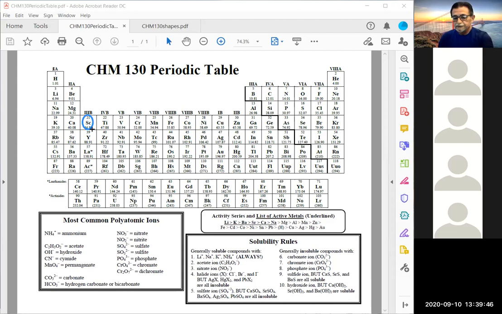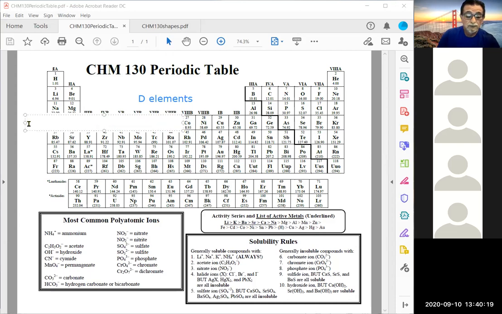And earlier I said, these guys in the middle, think of those as the D elements. There are 10 columns here, starting with 21, going across to 30, which is zinc. Now they're in the 4th period. So the 4th energy level, right there, okay?